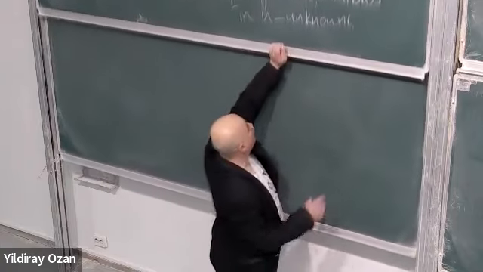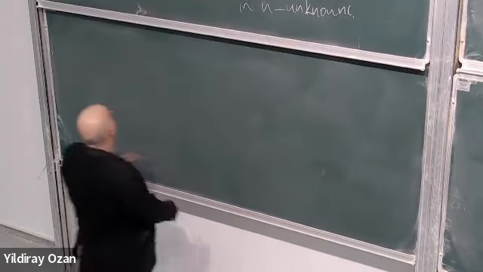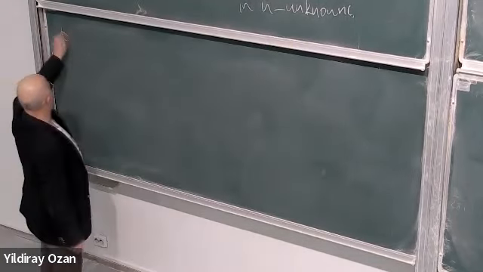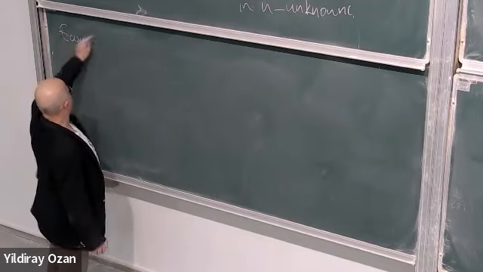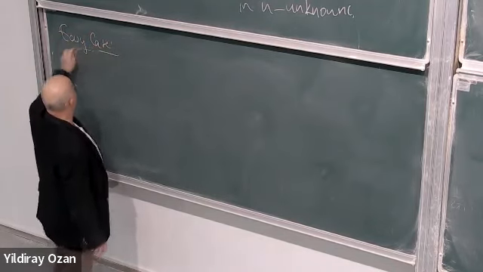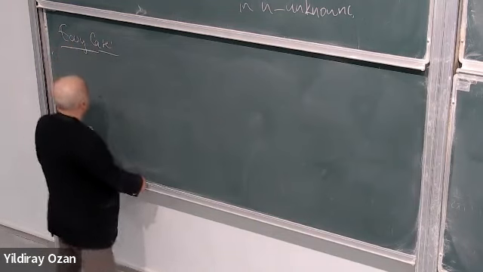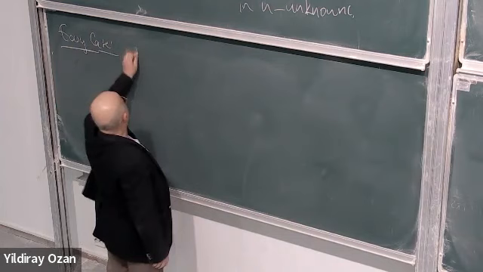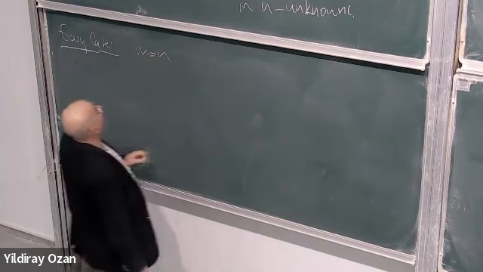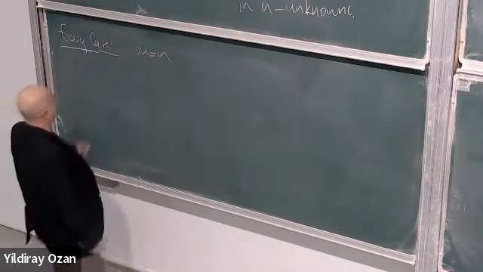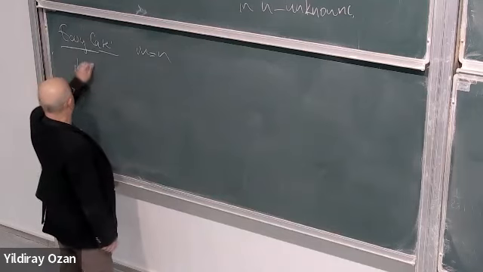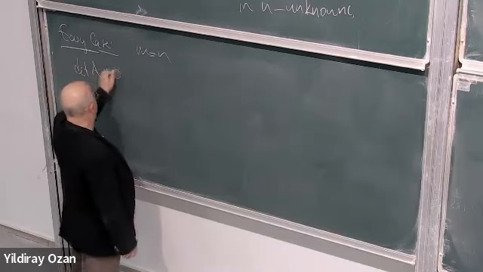Last time we considered the easy case: m equals n, so a square matrix, and the determinant of A is not 0.